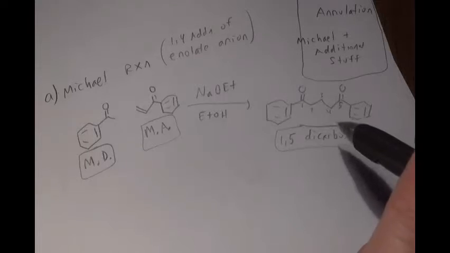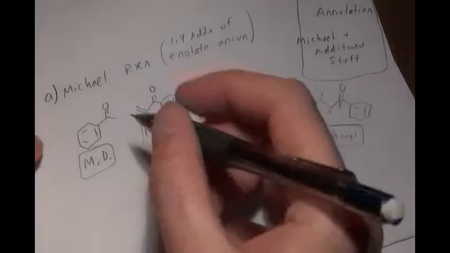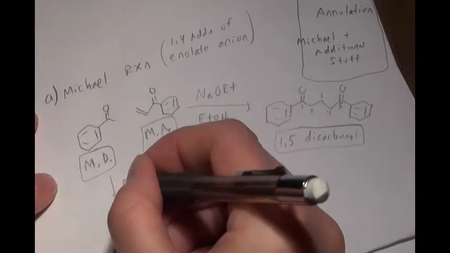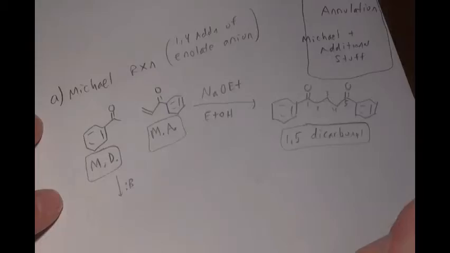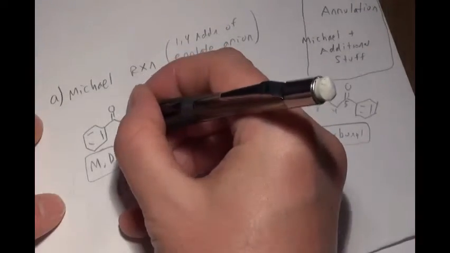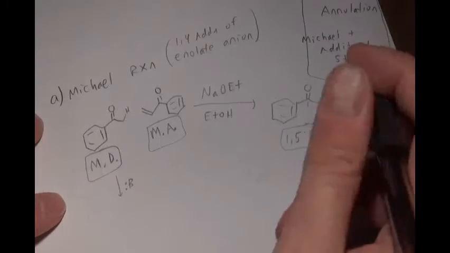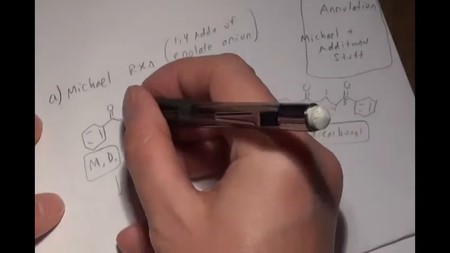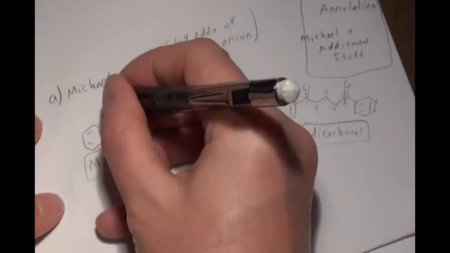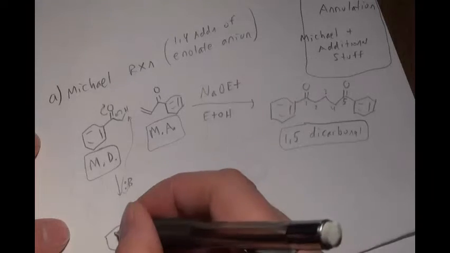So let's do the mechanism. Base. What is the base going to do to the Michael donor, the ketone? Well, as we've learned several times this chapter, bases take the proton off. What's a name for what we're doing?